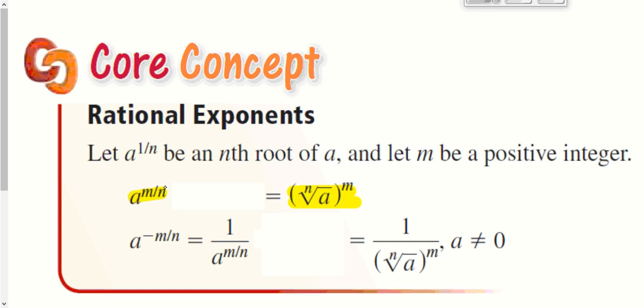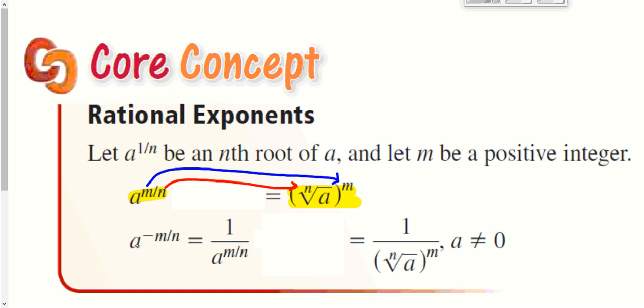The n that's on the bottom goes out front. Then the m that's on the top of the fraction goes to the exponent. So the value on the top of the fraction goes to the exponent. The value on the bottom of the fraction goes in front of the radical.